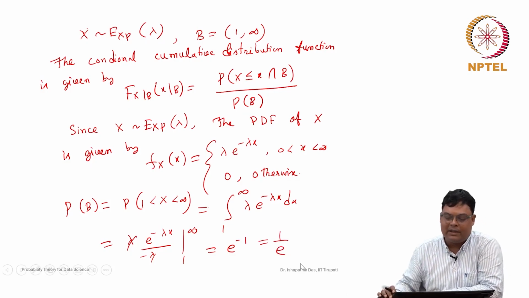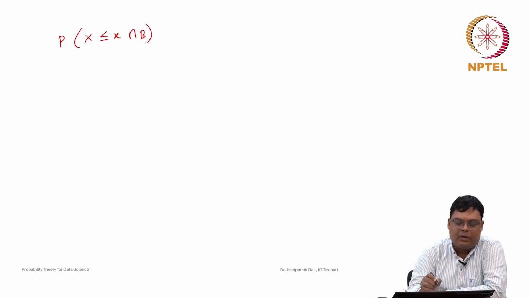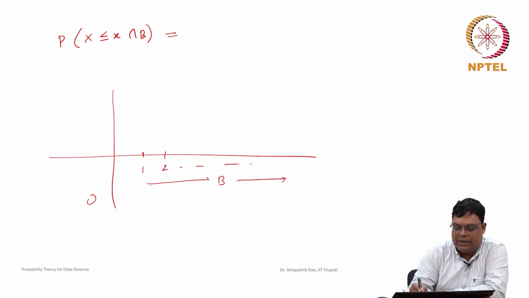Now, what will be the probability of X less than or equal to x intersection B? Note that X is a positive random variable, taking only positive values. B is the open interval 1 to infinity, and x is any value.